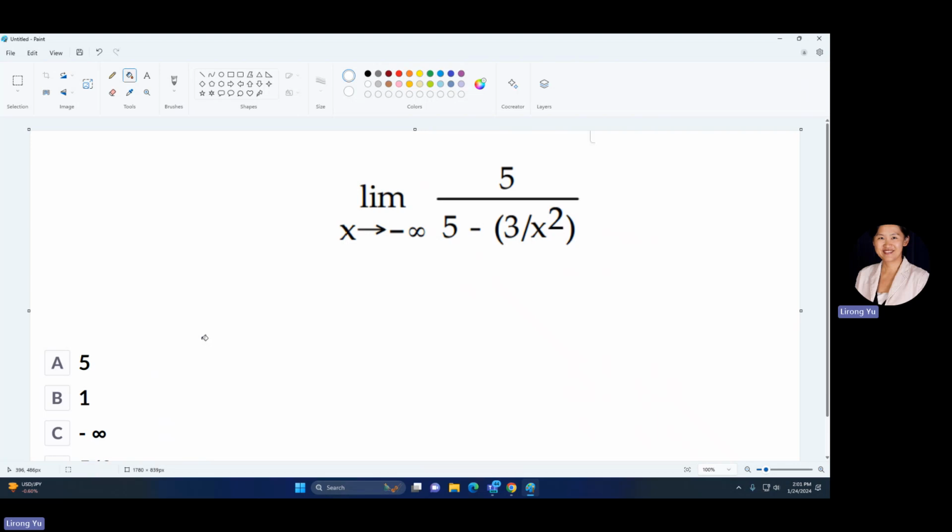If you want to numerically calculate the limit, you can try x equals negative 1,000, x equals negative 10,000, just to see what this number could be. For example, you can pull out your calculator.